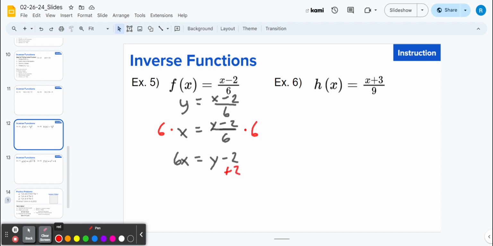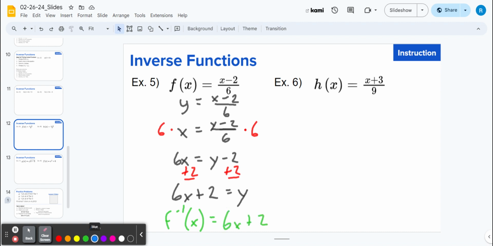And then we can add 2 to both sides to finish out the problem and get 6x plus 2 equals y. And I'll just rewrite this with our inverse notation. So our inverse is equal to 6x plus 2.